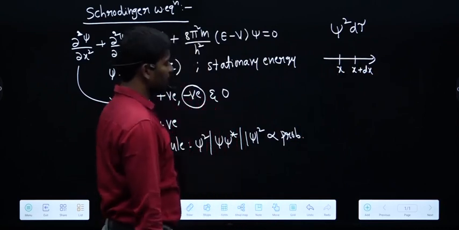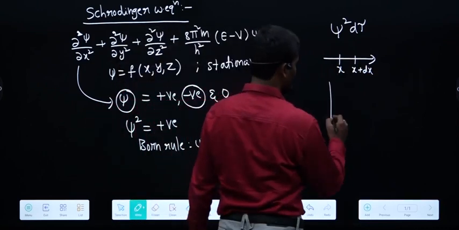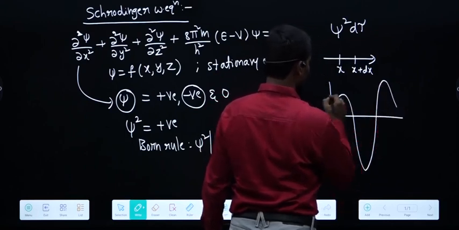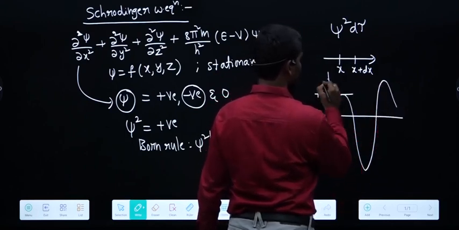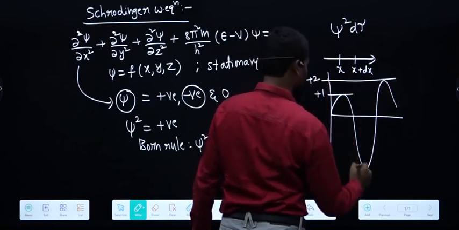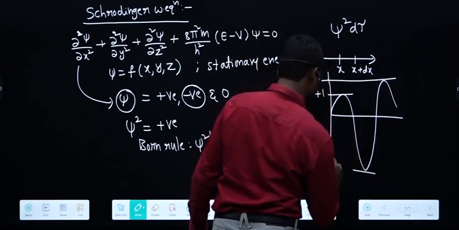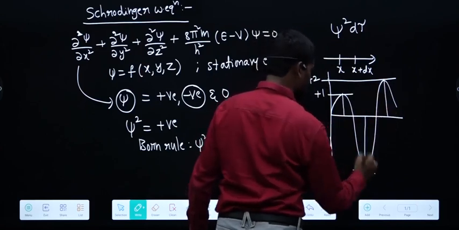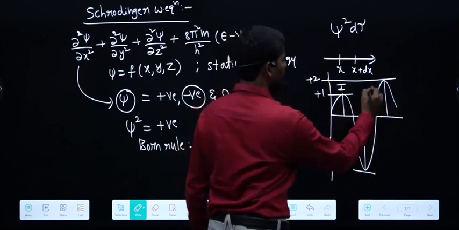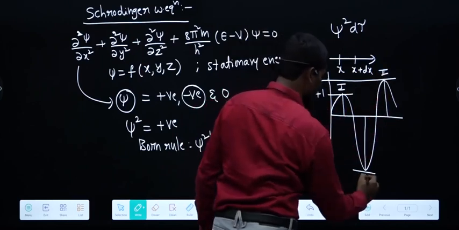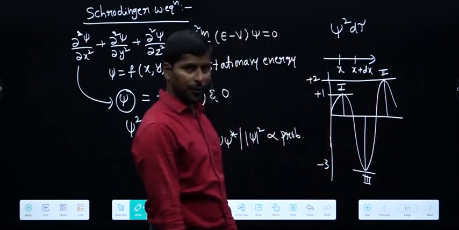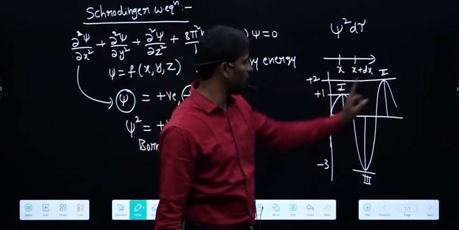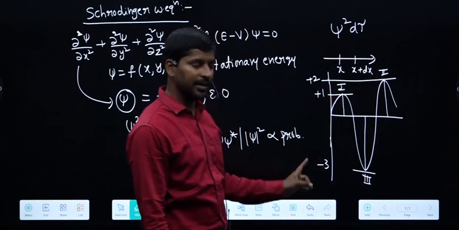For example, I am giving a wave function like this. Here psi value is plus 1, here psi value is plus 2, here psi value is minus 3. This is the first point, second point and third point. Where is the probability for finding the electron high?